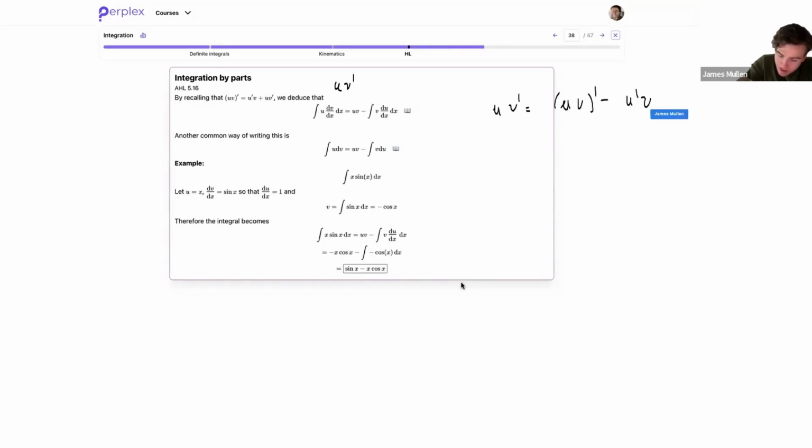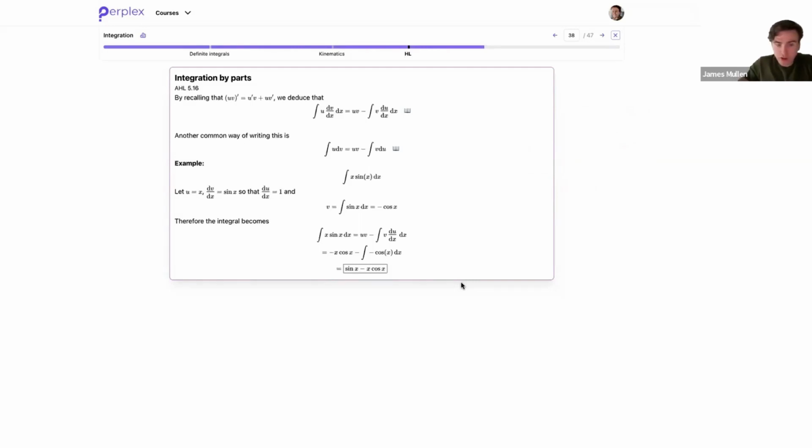Then I integrate both sides, and the integral that I'm looking for I can write as uv minus the integral of u'v. So what has happened here is that I've moved the prime from v to u, because now it's on u.